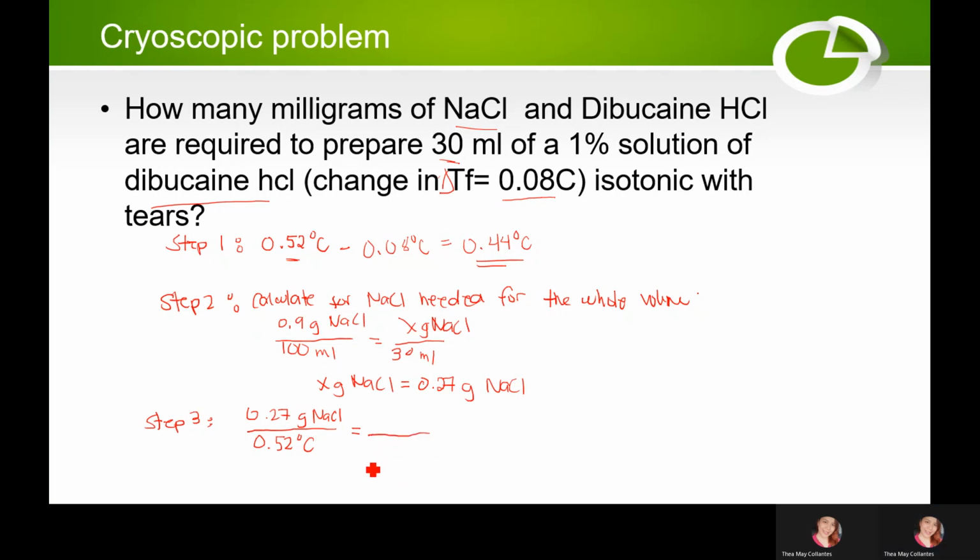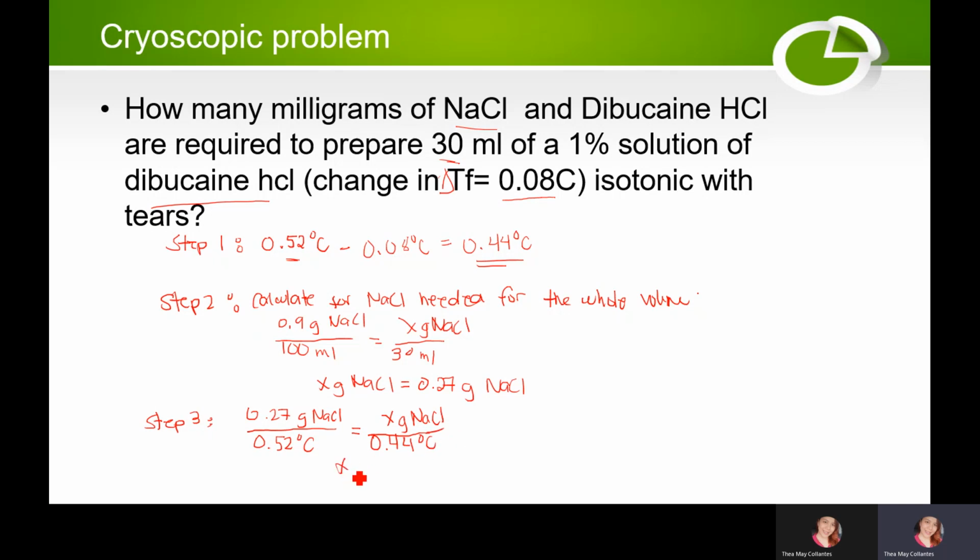Since 0.52 IMO standard, pila gani ang atong step 1? Hambal ta, kinlanlan ta pila nga amount sang NaCl sa aton nga 0.44 degrees Celsius. So ratio and proportion lang siya guys. 0.44 degrees Celsius. So what would be the grams of my NaCl that I still need to add?